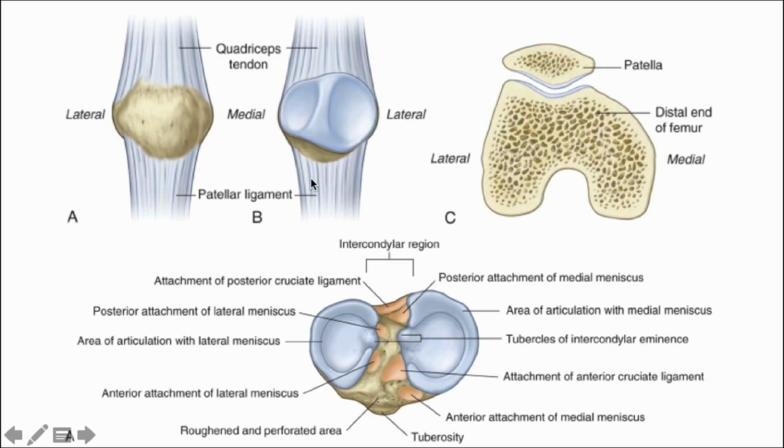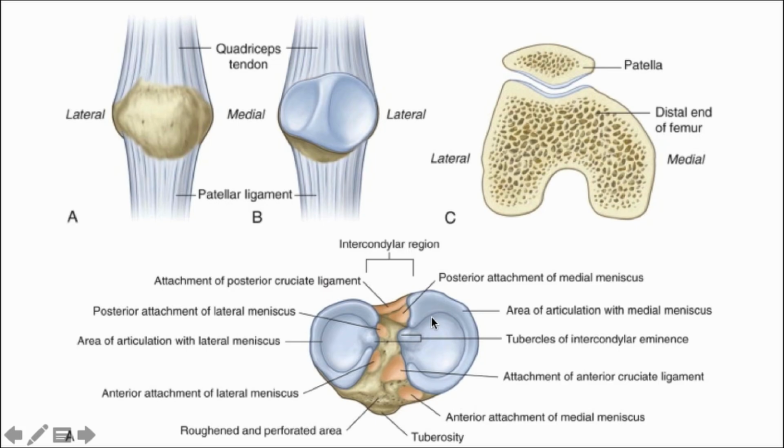The posterior surface articulates with the femur and has a medial and lateral facet, which slope away from the raised smooth ridge. The lateral facet is larger than the medial facet for articulation with the larger corresponding surface on the lateral condyle of the femur, if we can remember from the picture before.